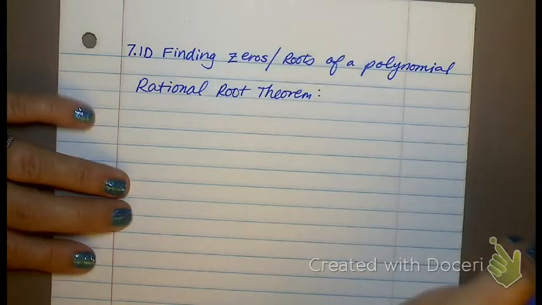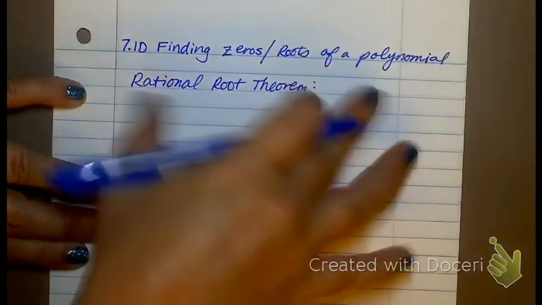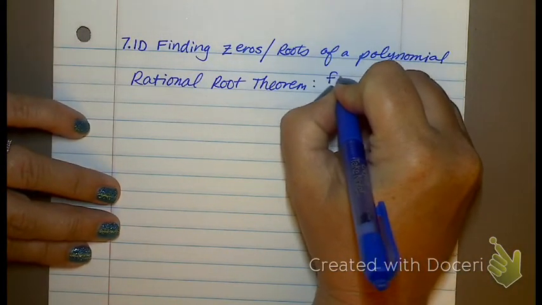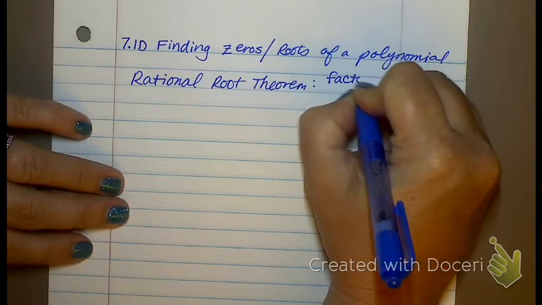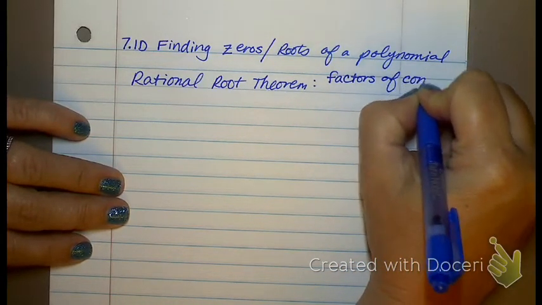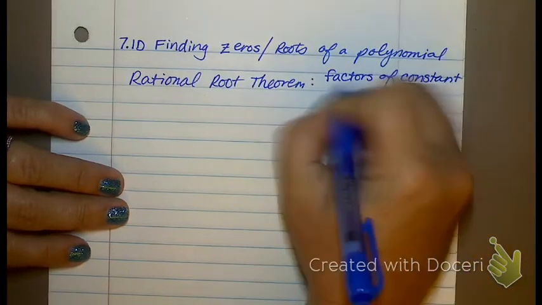Now, I'm going to write what it is, but I'm not going to explain it right off the bat. I'm going to explain it once we get to our example, okay? So you're going to make fractions, and you're going to find the factors of the constant, and those will become the numerators of those fractions.